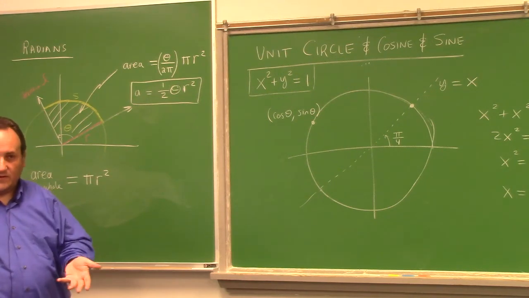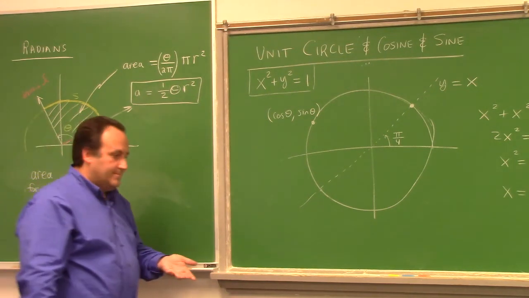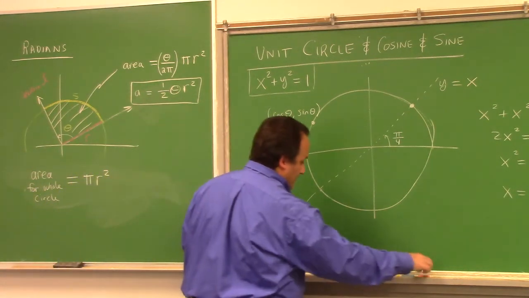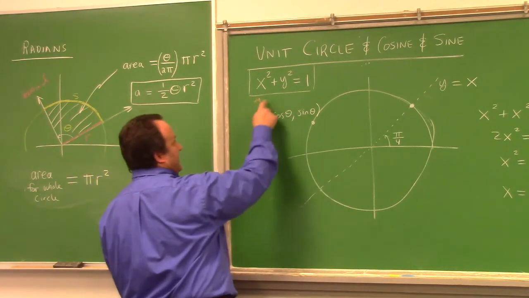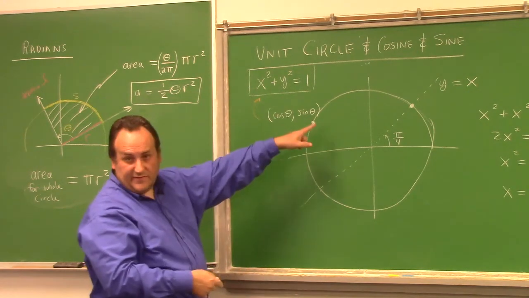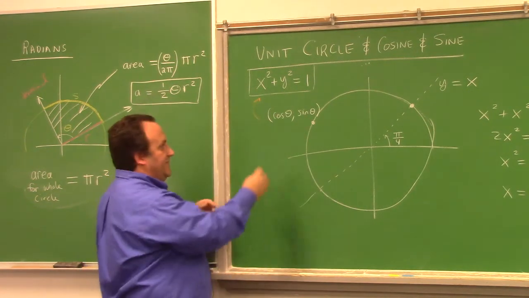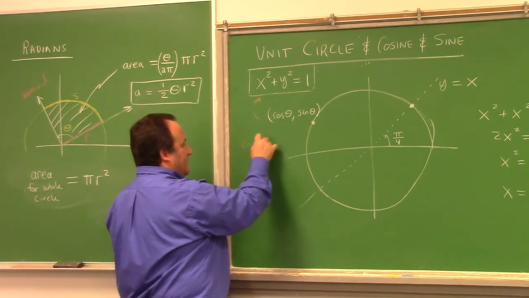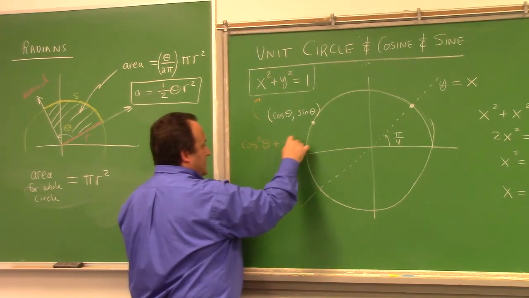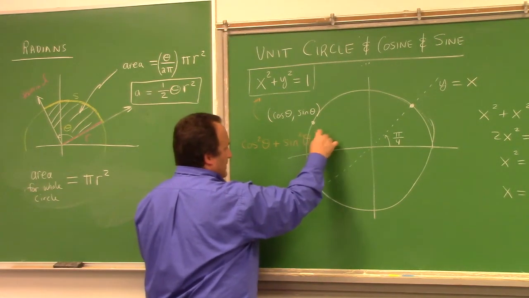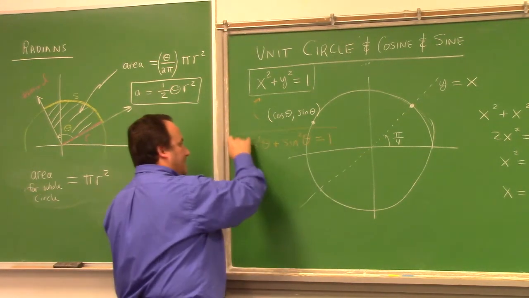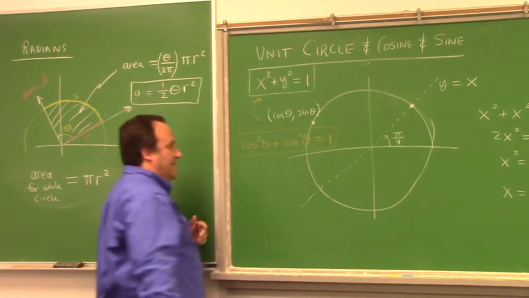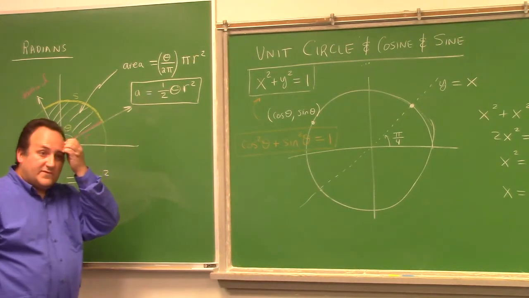What does that mean about sine and cosine? See this? They have to satisfy that because they're on the circle. That means we have the identity cosine squared theta plus sine squared theta is equal to 1. The so-called Pythagorean identity for sine and cosine.